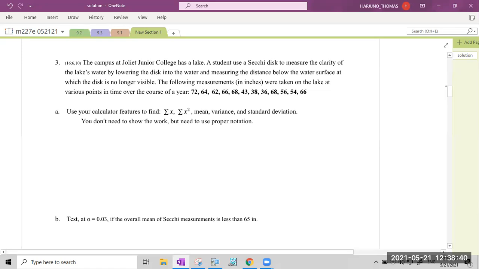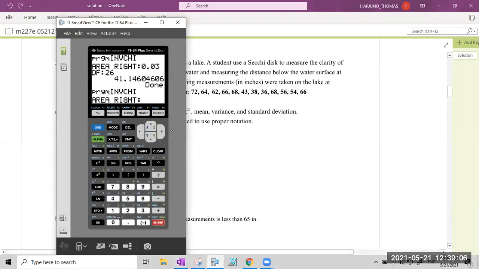The following measures in inches were taken on the lake at various points in time over the course of 1 year. Now, these are the numbers. Part A, use calculator features to find the sum of x, the sum of x squared, the mean, variance, and standard deviation. You don't need to show the work, but you need to show proper notation.